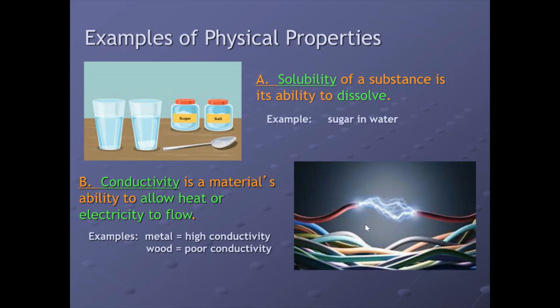So examples of things that are conductive are things like metal, right? Metal has a high conductivity, but wood not so much, right? With wood, you really wouldn't be able to conduct much heat or electricity through it. You'd more likely burn down the piece of wood than have it absorbing and holding that energy.